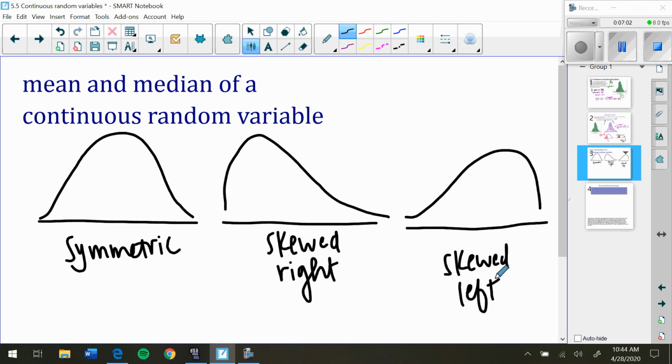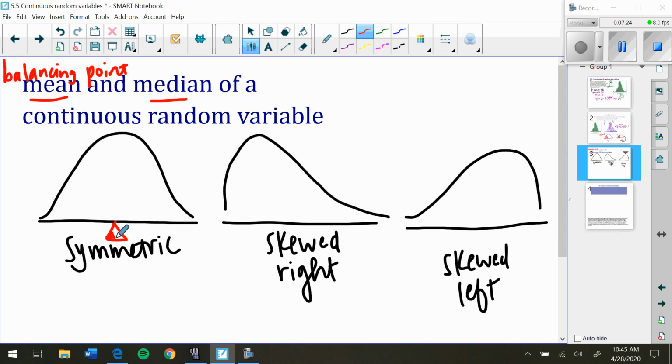And one thing we're often asked is to find where the mean and the median are in any given distribution. So the mean of our distribution is often thought of as the balancing point. So if I were to take this thing and balance it, where would it balance?